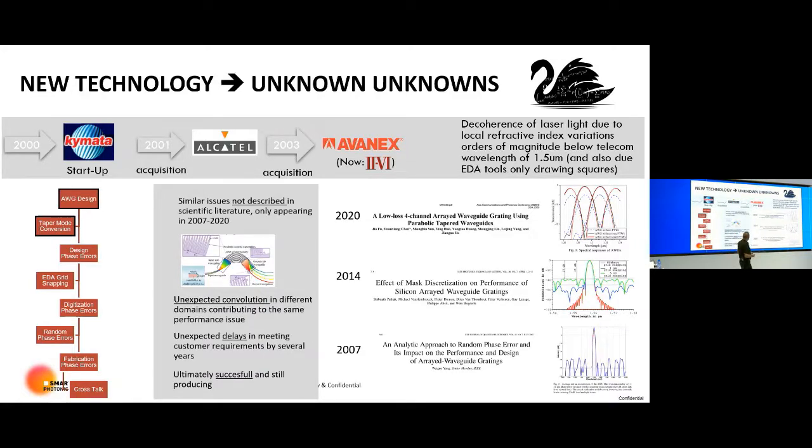And the problems had all to do with the decoherence of laser light due to all kinds of reasons. Although these were design issues in the actual design, there were also issues in the conversion of your GDS file, your mask design file, into a real mask, which was a big problem. And also in the deposition technologies of the materials.